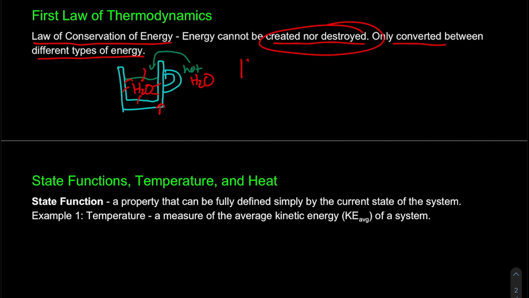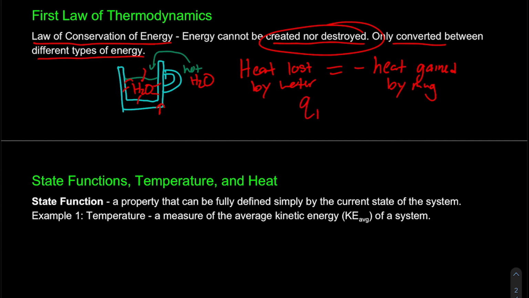So what that means is that the heat lost by the water is equal and opposite to, and we're going to put a negative there to show that this is opposite, the heat gained by our mug. And this is an illustration of this idea of the law of conservation of energy.